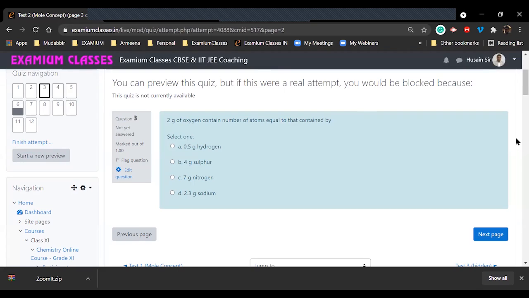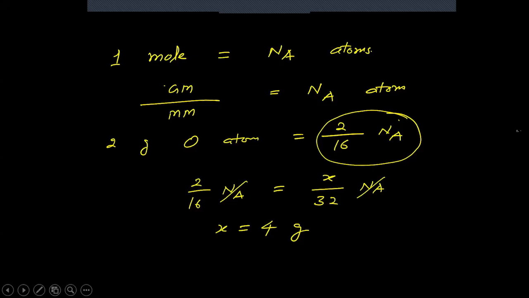But if you consider hydrogen, how many grams will be required? So for hydrogen, apply the same logic without doing much calculation. For hydrogen, you will say X gram, but what is the atomic mass of hydrogen? 1 into Na. Na got cancelled.